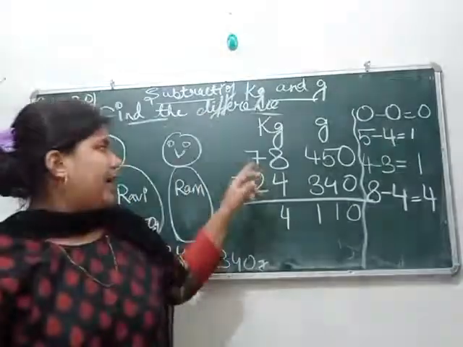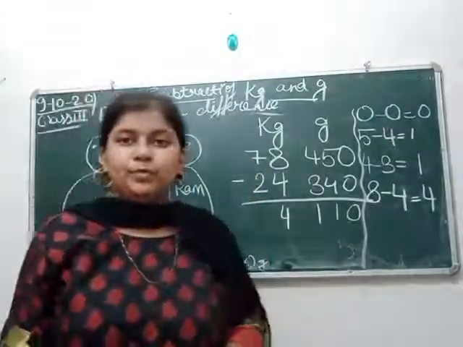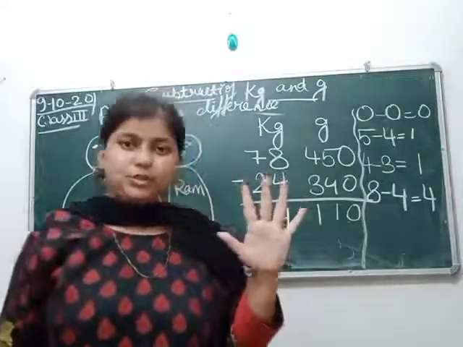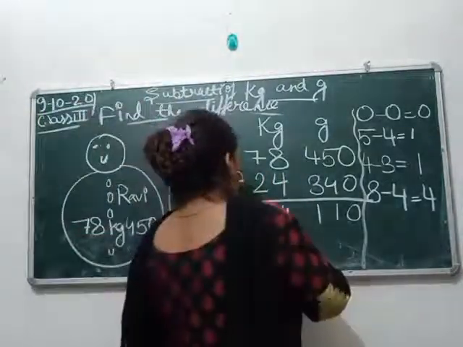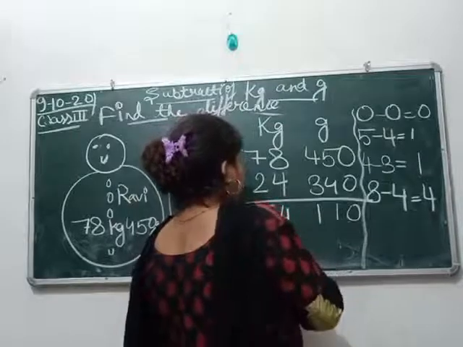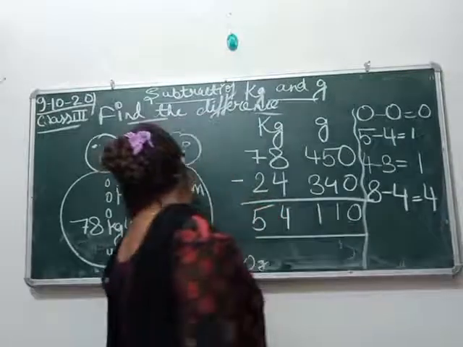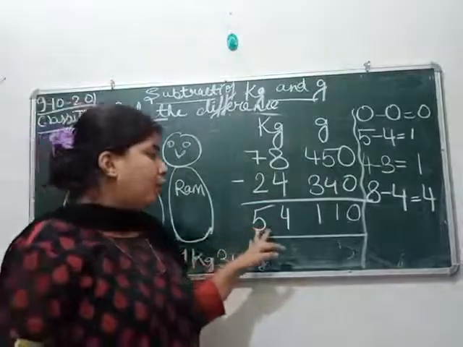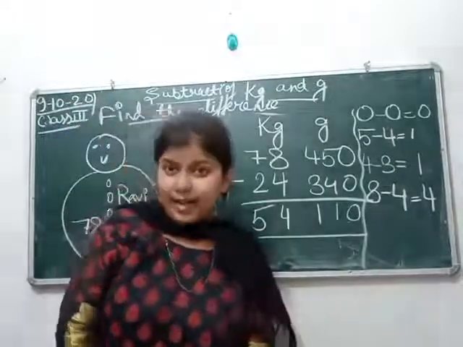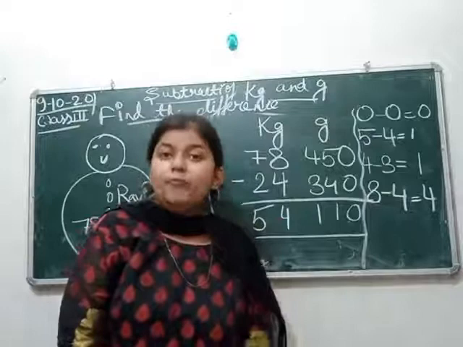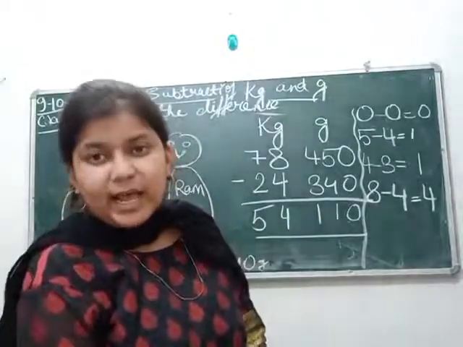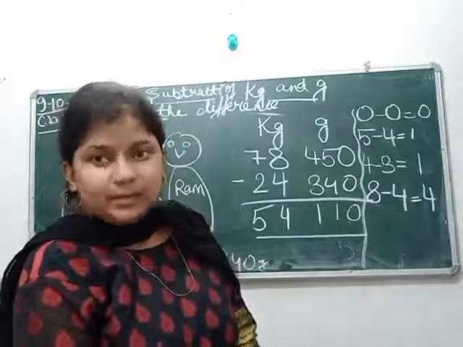Now next we are having 7 minus 2, and you will get 5. So that means Ravi weighs more by 54 kg 110 gram.